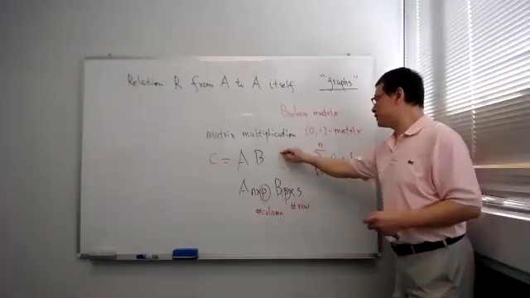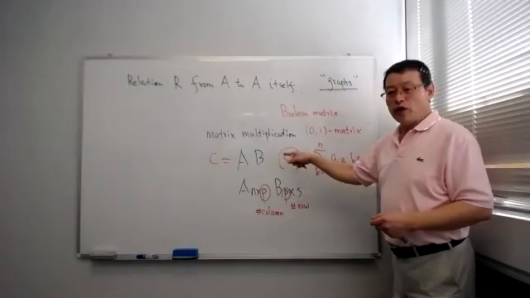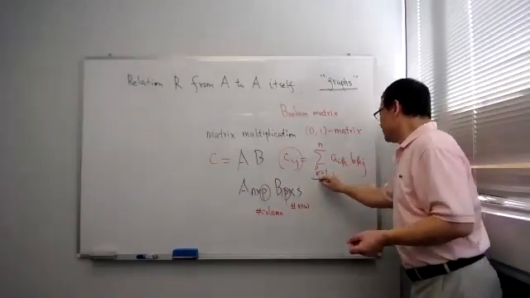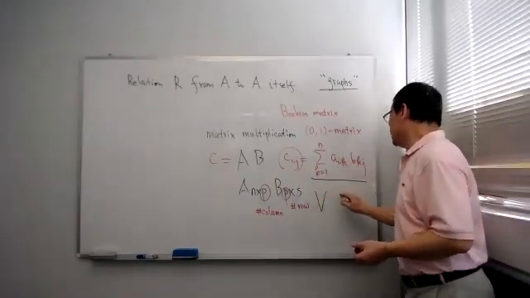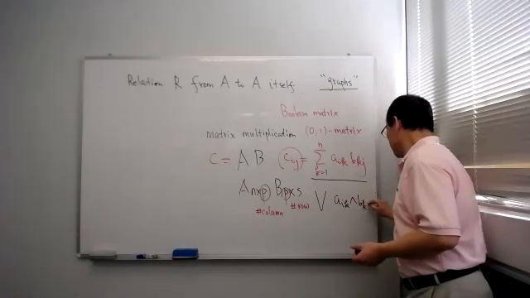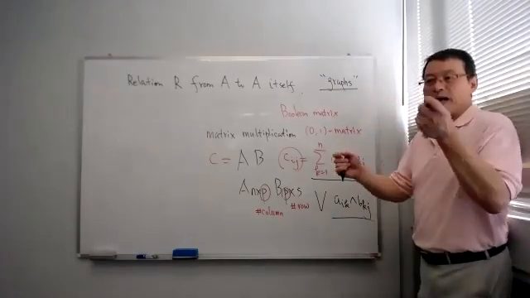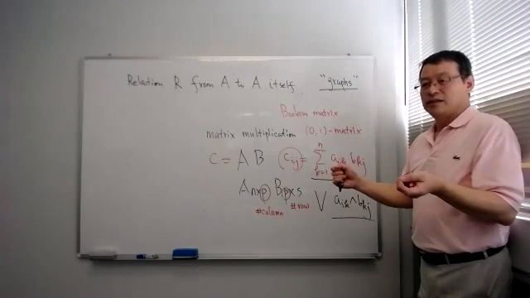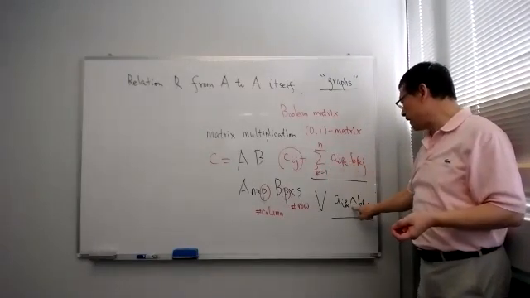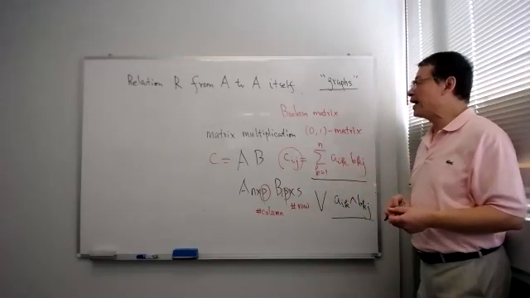That's how we compute entry ij. For Boolean matrices, the multiplication becomes AND, and the summation becomes OR. So the eventual value will be either 0 or 1. That's the only difference: multiplication becomes AND, summation becomes OR. That's Boolean matrix multiplication.